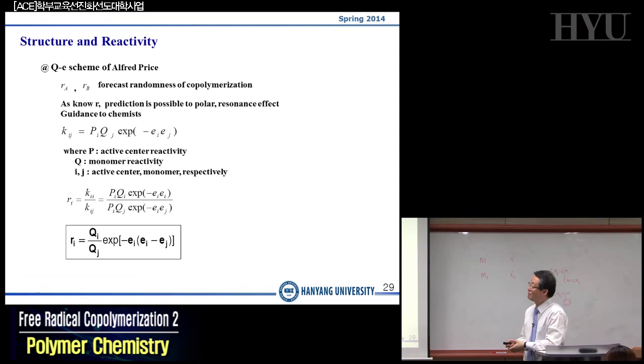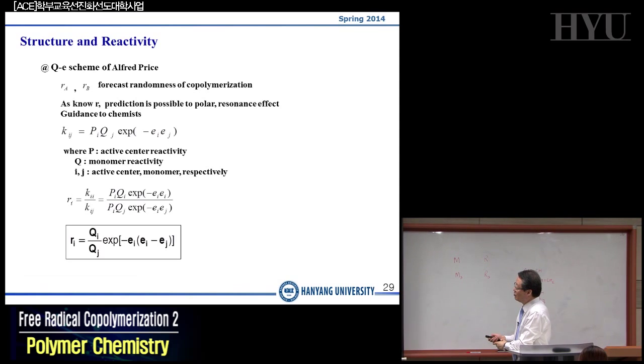So if you know Ei and Ej between the two species i and j, and knowing P and Q, then you can calculate Kij. That's his definition. So, for example, Ri is defined as Kii divided by Kij.